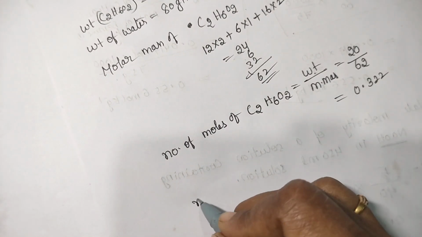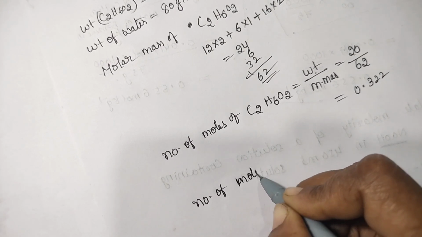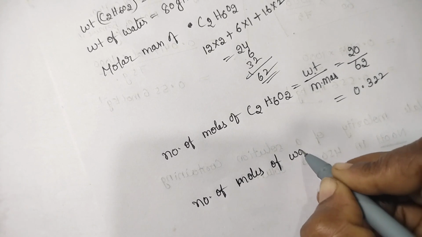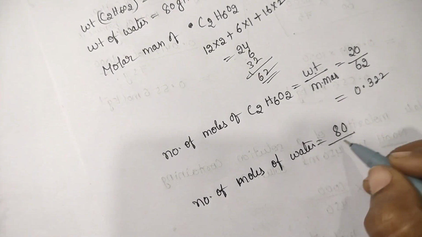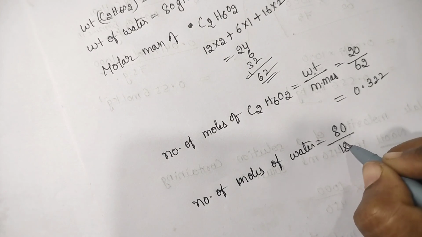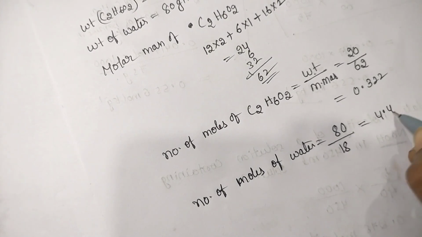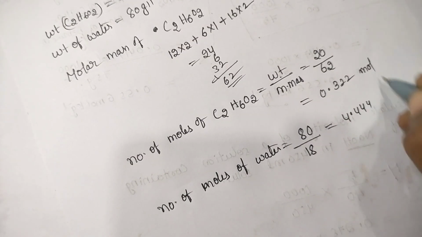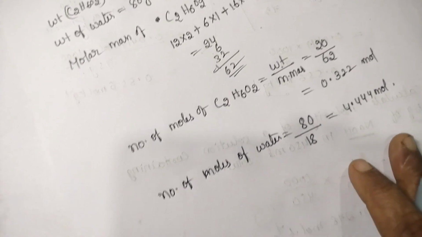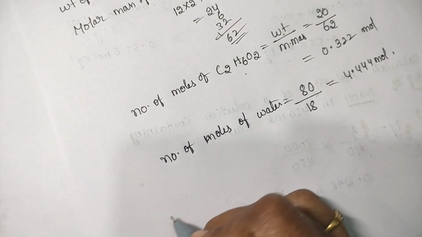Now we can calculate the number of moles of water also. What is the weight of water? 80 grams. What is the molar mass of water? That is 18. 80 by 18 is equal to 4.444 moles. So this is also moles.